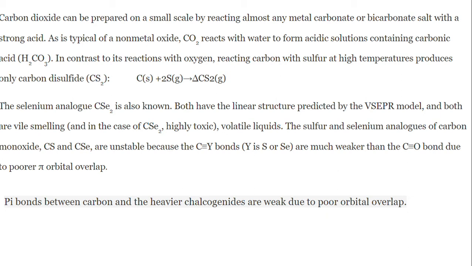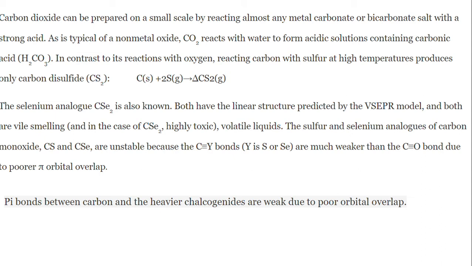Both have the linear structure that is also predicted from VSEPR, that is the valence shell electron pair repulsion model, and both are foul-smelling, and in the case of CSe2, highly toxic, volatile liquids.